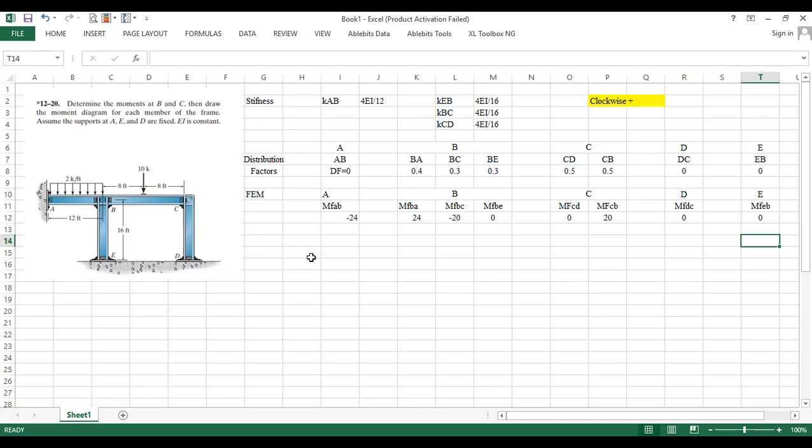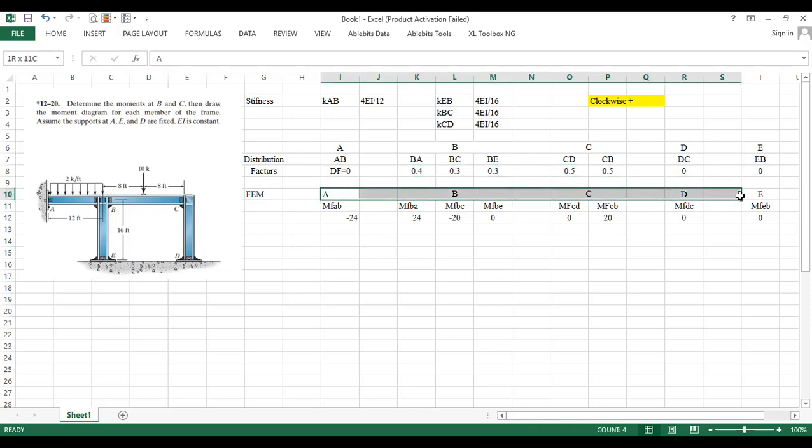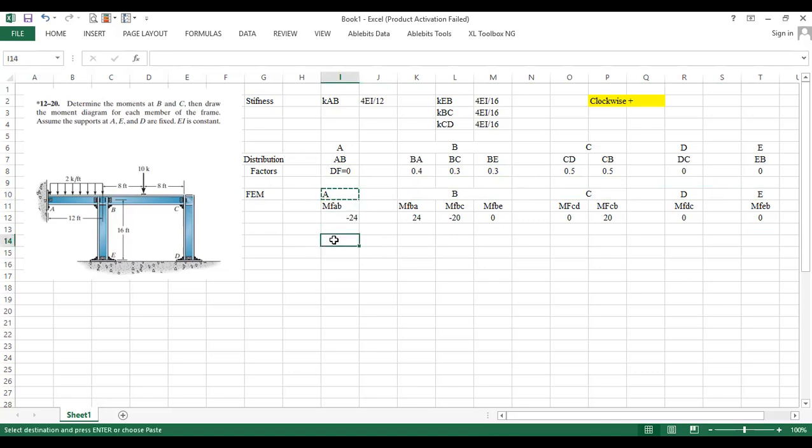I will start the table. Okay, so you can start it from A. A, then B, then C, then D, then E. That you have AB, BA, BC, BE, and so on.